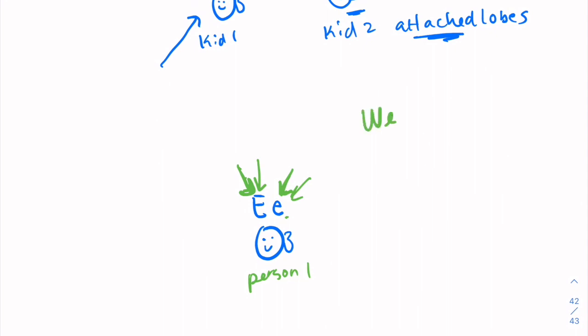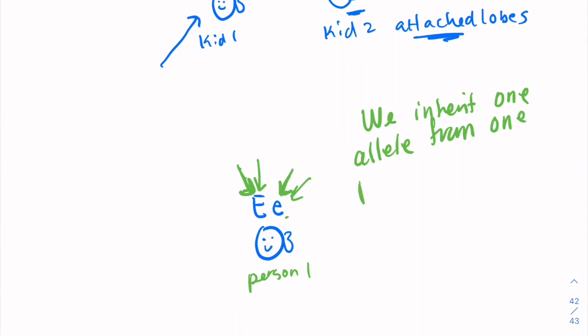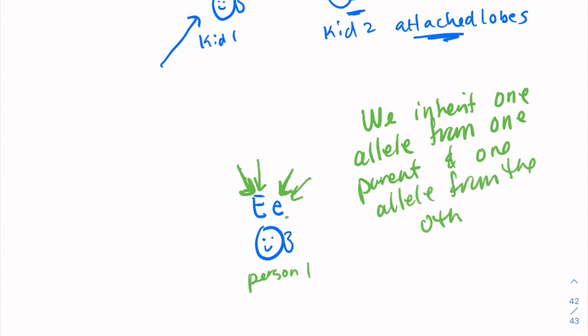So rather, let's say we inherit one allele from one parent and one allele from the other. I could have said this more simply: we inherit one allele from our birth mothers, we inherit the other allele from our birth fathers.